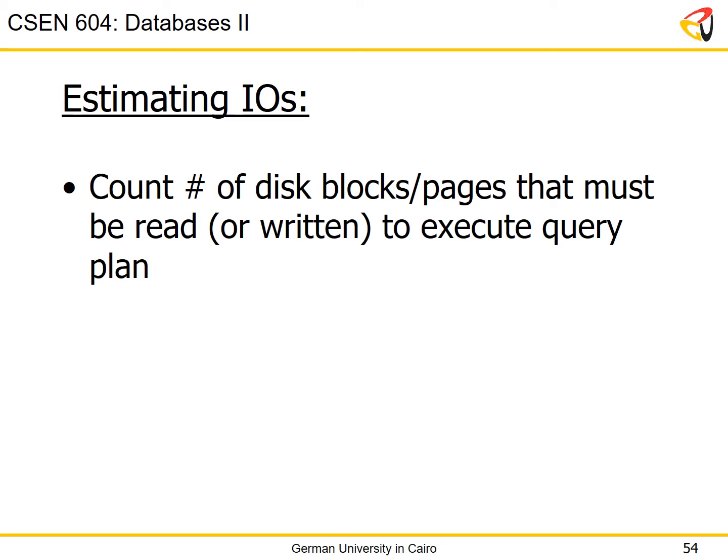So it's not going to actually run it and see how many times it did it. What it's going to do is something similar to what we have seen in lecture 7. It's going to estimate the number of input-output operations, or simply the estimation of how many times the hard disk arm moves.